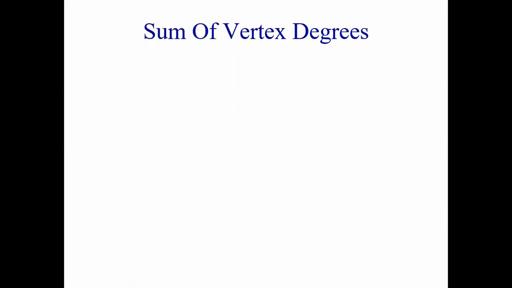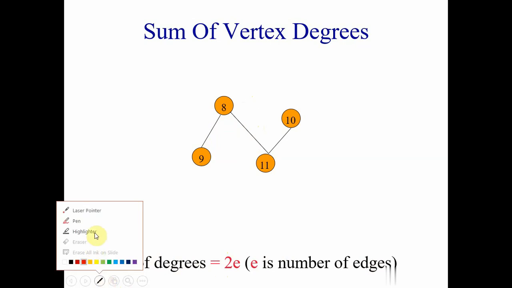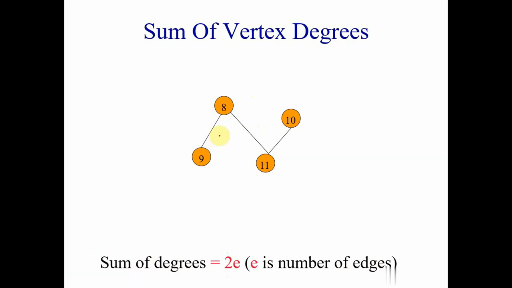And you will know that the sum of vertex degrees must be equal to 2e, where e is the number of edges. For example, in this case, you can see that this graph has 4 nodes. 9 has degree 1, 8 has degree 2, 11 has degree 2, and 10 has 1.